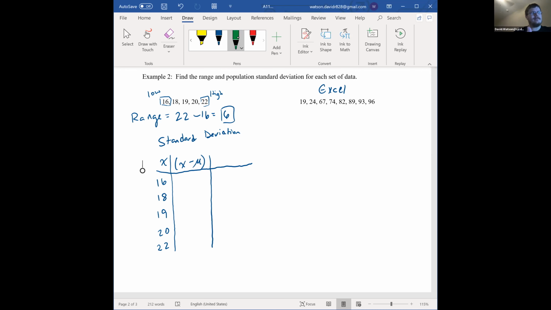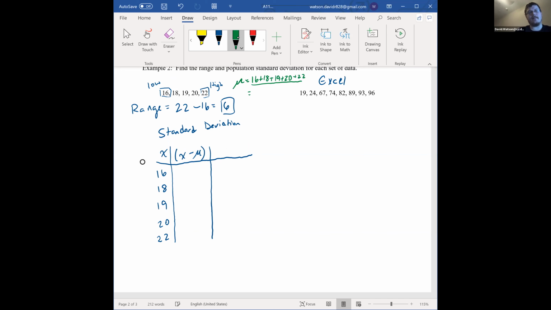So the mean, mu, is just going to be 16 plus 18 plus 19 plus 20 plus 22. All right, we're going to divide that by the number of data. In this case, we have 5, right?